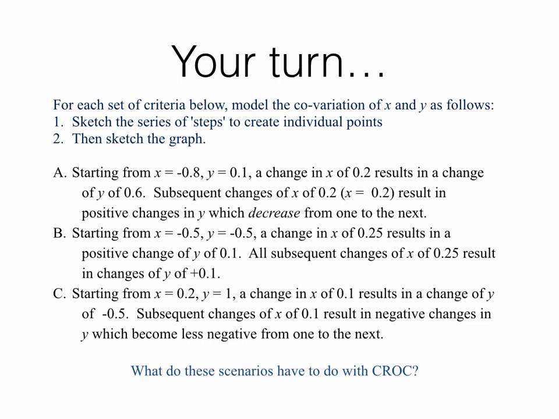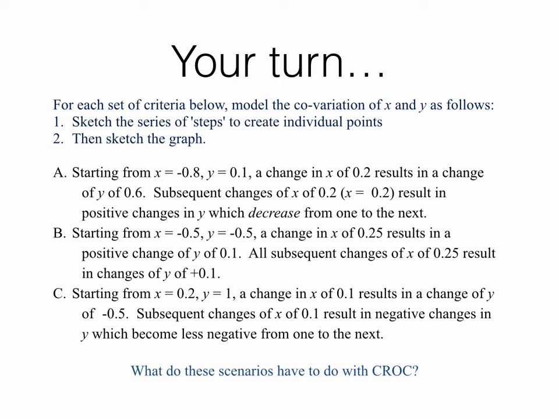Starting from x equals negative 0.8, y equals 0.1, a change in x of 0.2 results in a change of y of 0.6. Subsequent changes of x of 0.2 result in positive changes in y, which decrease from one to the next. I just noticed that when I typed this, bad things happened.